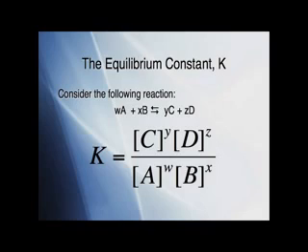So here we have K being equal to, in this case we're using molar concentrations, the molar concentration of C raised to Y times the molar concentration of D raised to Z divided by the molar concentration of A raised to W times the molar concentration of B raised to its stoichiometric coefficient as a power X.